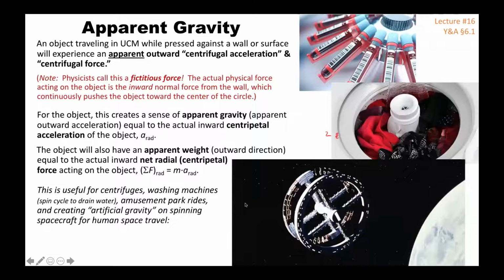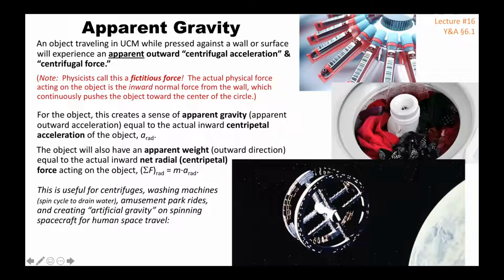So one last comment about applications, and this is building on that centrifugal term. If you have an object that is executing uniform circular motion, and it is pressed against a wall or a surface while it's doing that. So if you imagine, for example, in the centrifuge, the liquid inside these vials is pressed against the bottom.